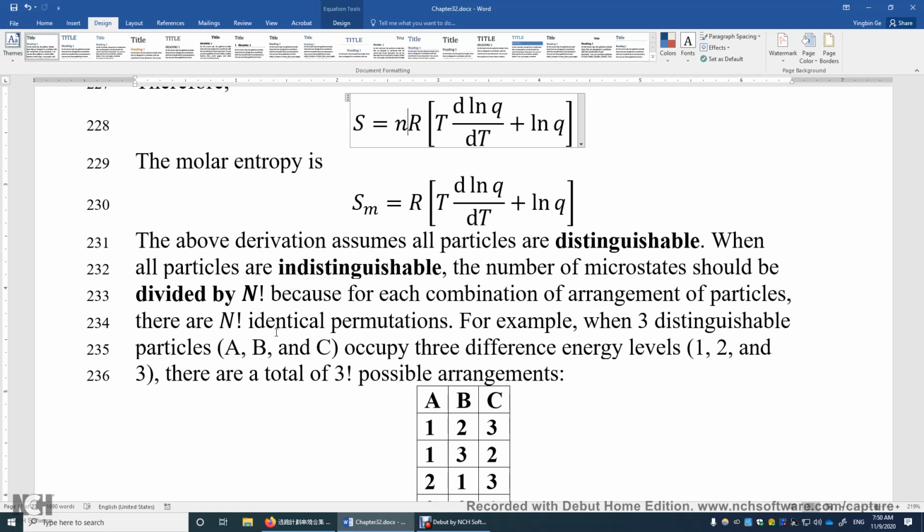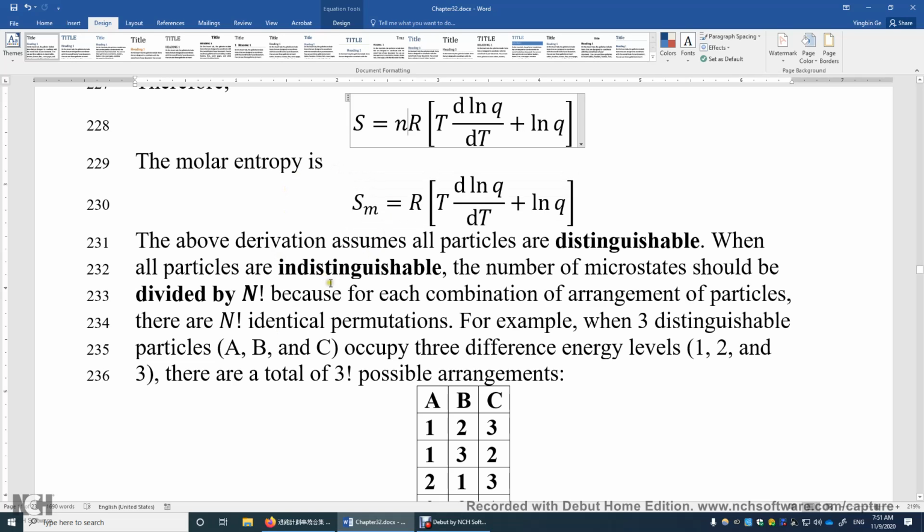That means these particles are distinguishable. However, in thermodynamics, molecules and atoms are indistinguishable, and therefore the number of microstates should be divided by N factorial, because for each combination of arrangement of particles, there are N factorial identical permutations.